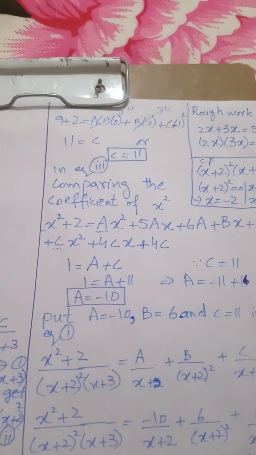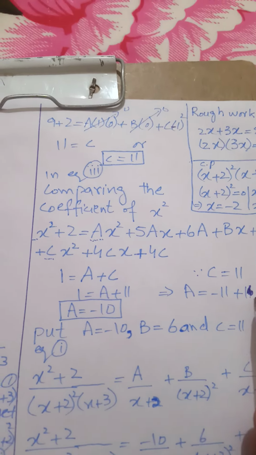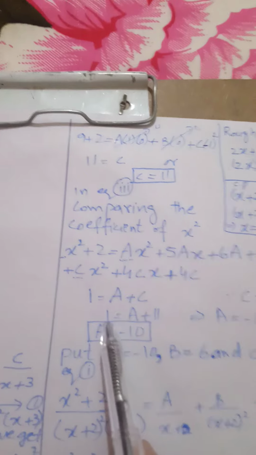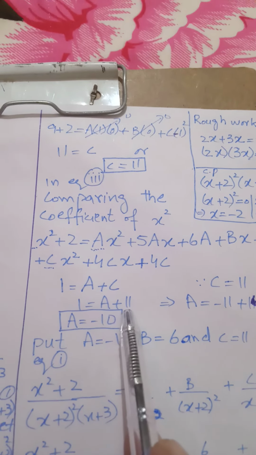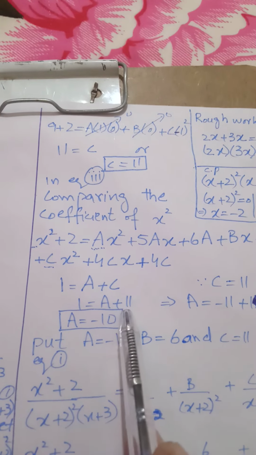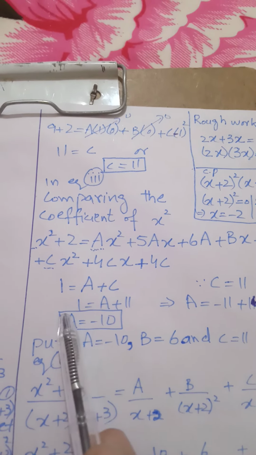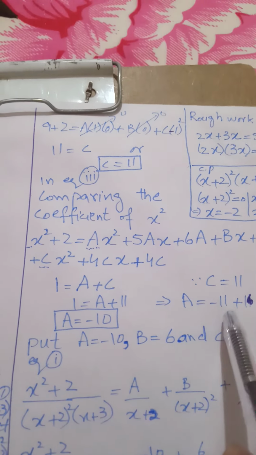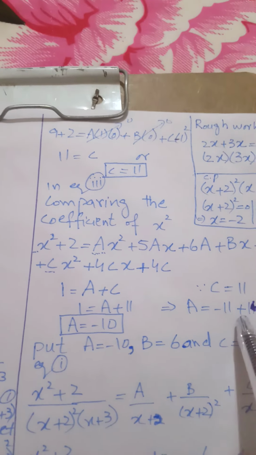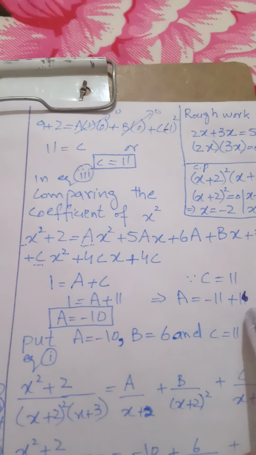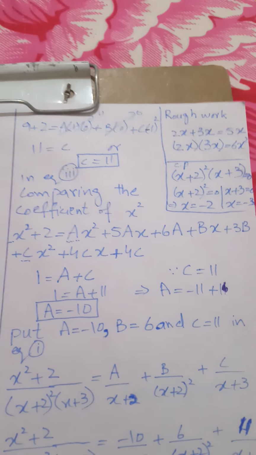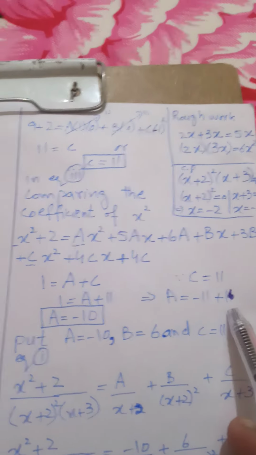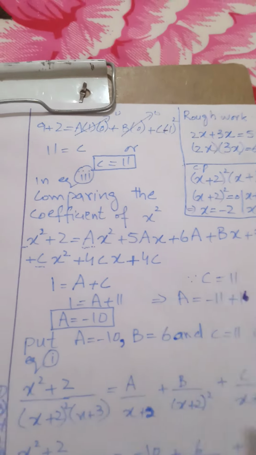Now, I think this is just 1. 1 is equal to a plus 11. When this term moves to the other side, plus 11 will change into minus 11. So a is equal to minus 11 plus 1. Remember that this is only 1, not 11. Now minus 11 plus 1 gives us minus 10.